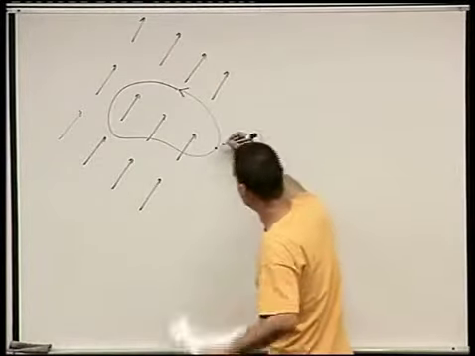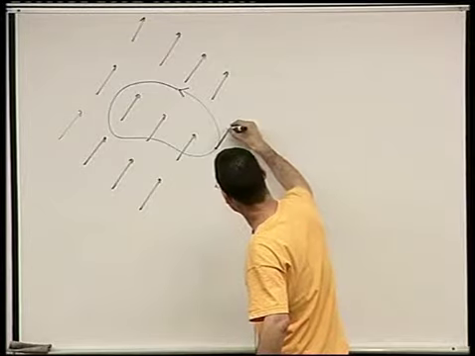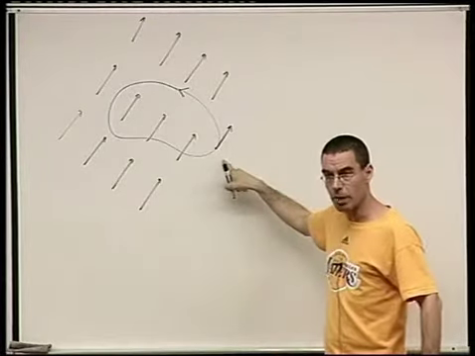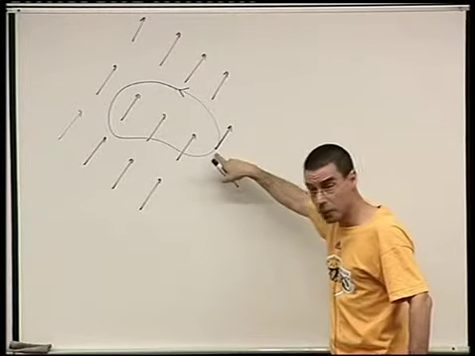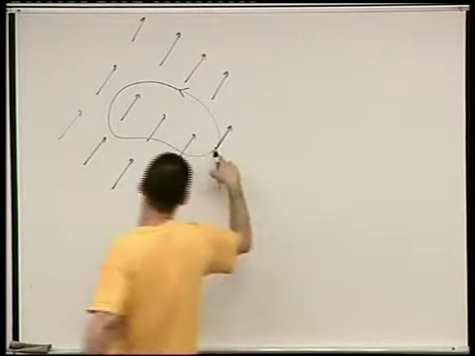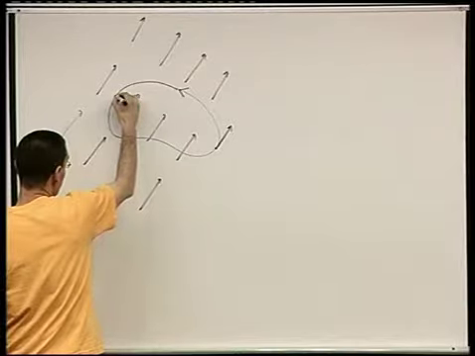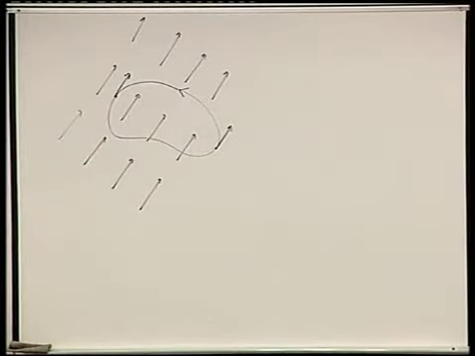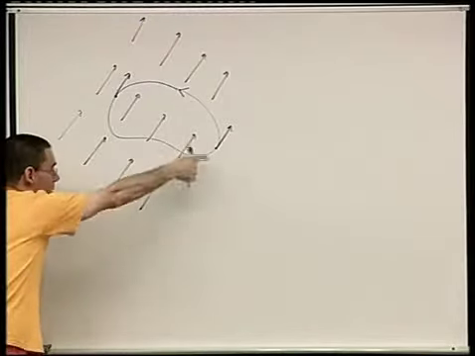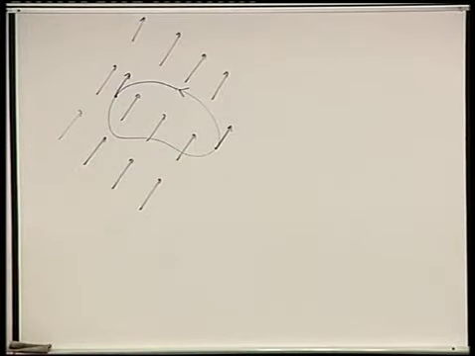At this point, the field is doing work, right? It is in the direction of the tangent. However, there's going to be a point somewhere here where the field is precisely in the opposite direction of the tangent line, contributing minus the amount that it's contributing here. Do you see that?